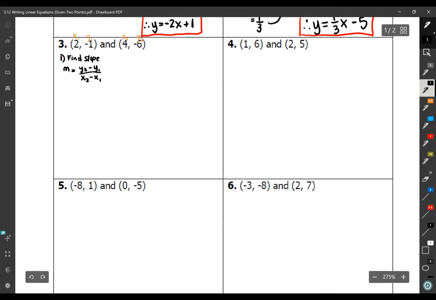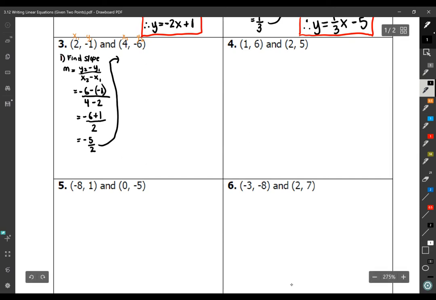And now I'm going to carefully put those numbers in. So y2 is -6, y1 is -1, so minus -1. x2 is 4, minus x1 is 2. Right, so we get -6 plus 1 over 2. And then finally, -5 over 2. Okay, we leave it as a fraction. Don't change it into a decimal, please.